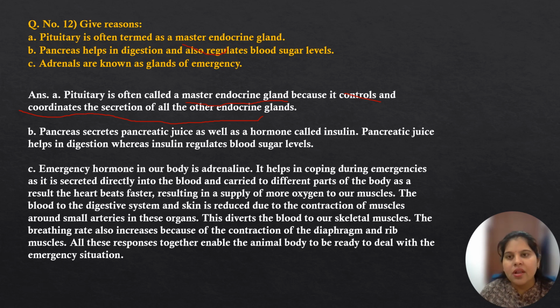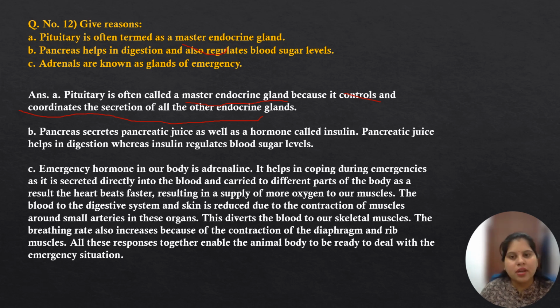Next question is, pancreas helps in digestion and also regulates blood sugar level. Yes, pancreas helps in digestion because it secretes pancreatic juice, and it also secretes some enzymes, and pancreas also secretes a hormone that regulates the blood sugar level.